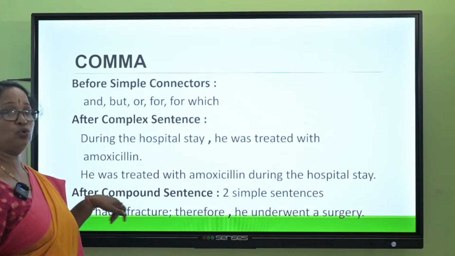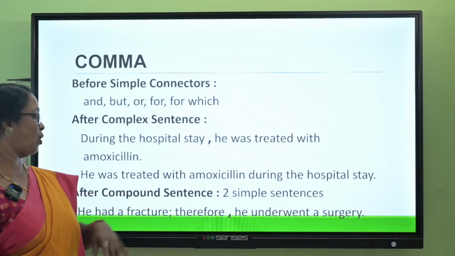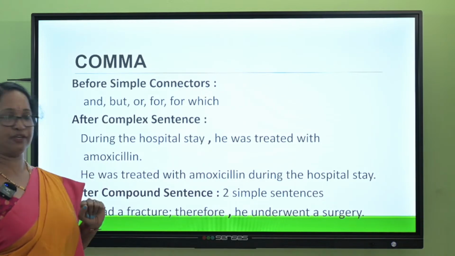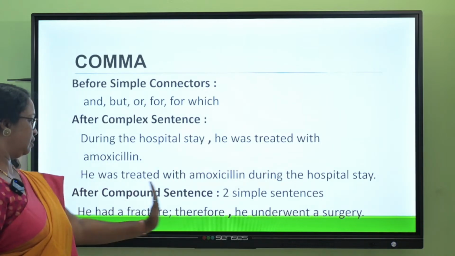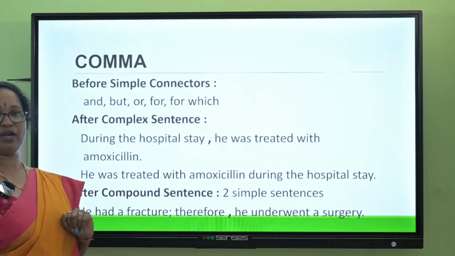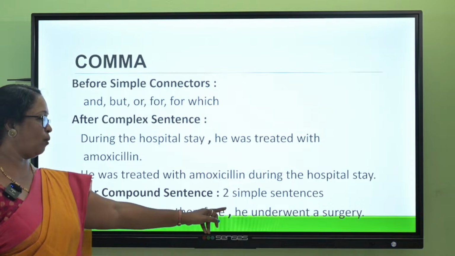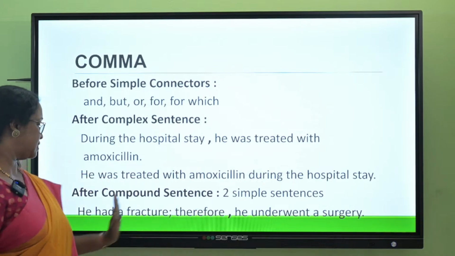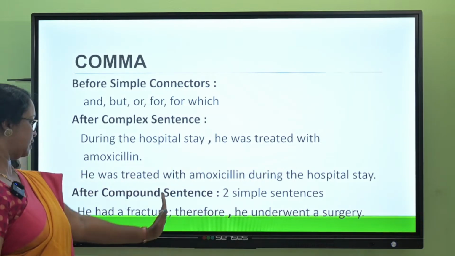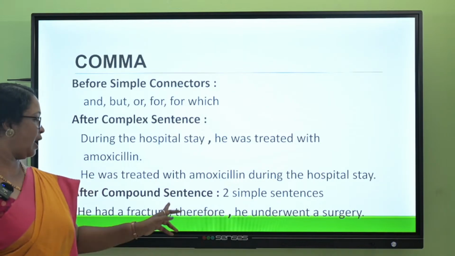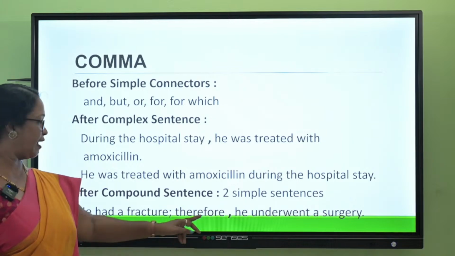And coming to the next, after the compound sentences, that is two simple sentences, we will put, he had a fracture, you see, semicolon. You can write a semicolon, and put the semicolon, therefore, comma, he underwent a surgery. This is between two simple sentences. He had a fracture, you see, it's a simple sentence only. And therefore, you use a connector.